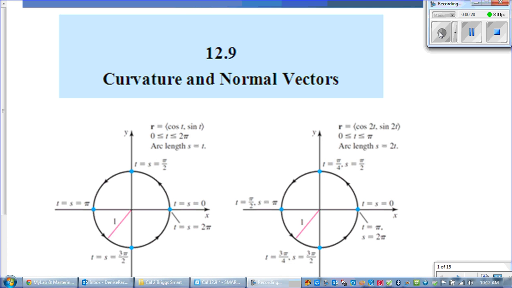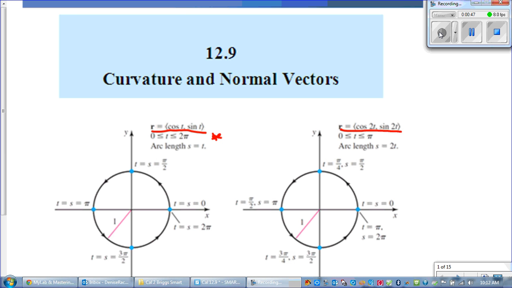Let's look at two different representations of the same curve. Both of these representations, r equals cosine t, sine t and r equals cosine 2t, sine 2t, both draw the unit circle. In the first example, to get the complete unit circle, the values for t must be from 0 to 2 pi.